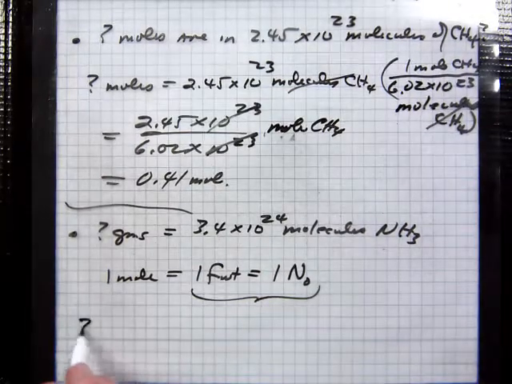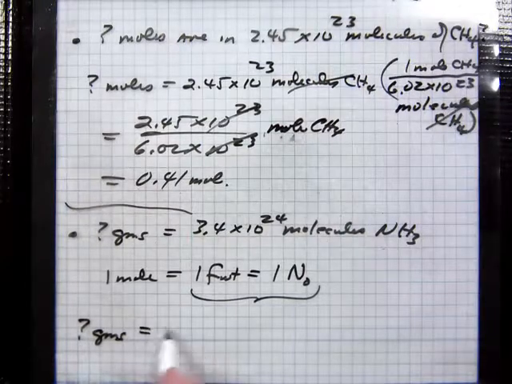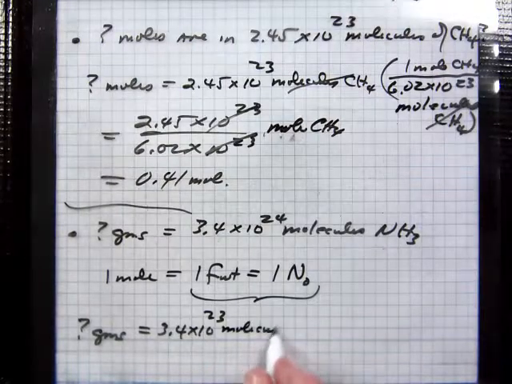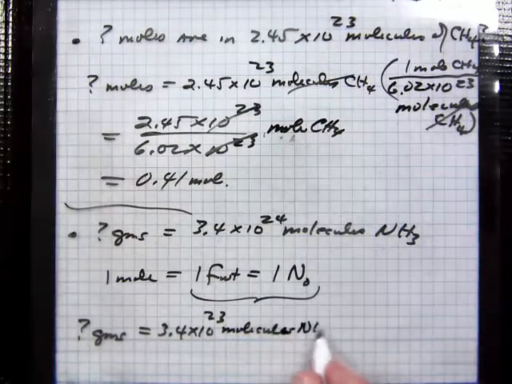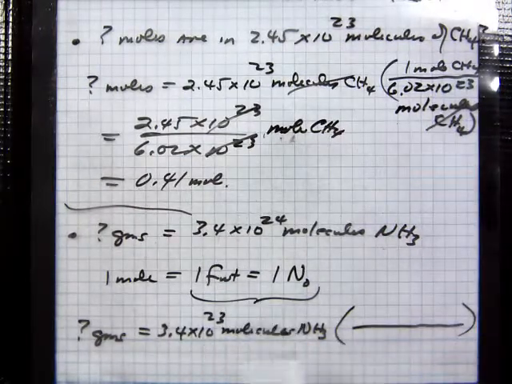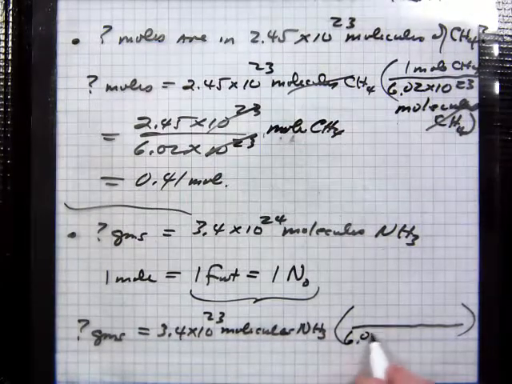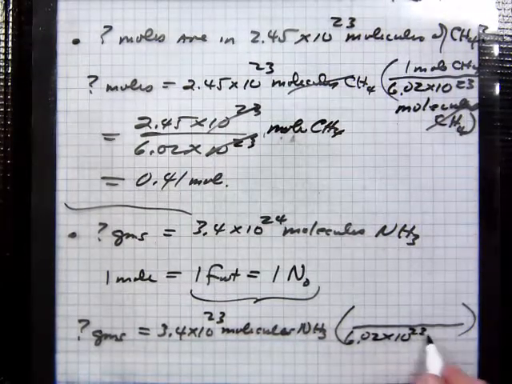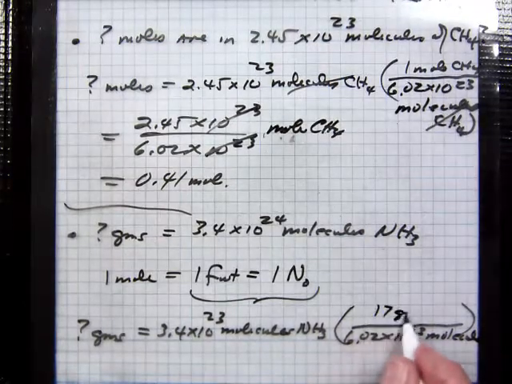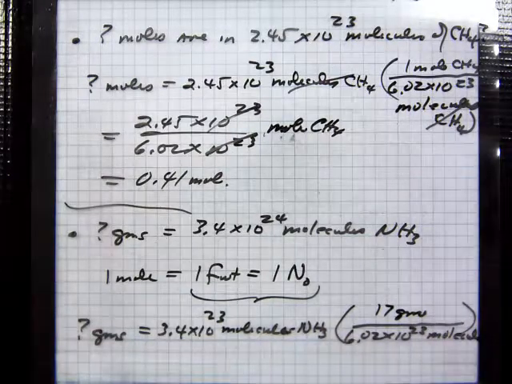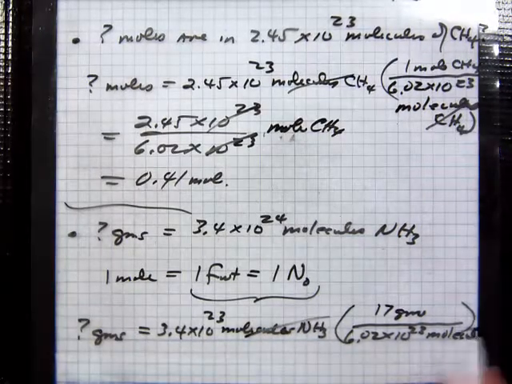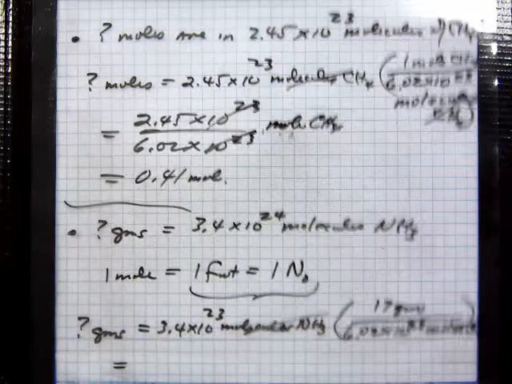So how many grams equals 3.4 times 10 to the 23rd molecules of ammonia? And we can use formula weight. We see molecules, that's 6.02 times 10 to the 23rd goes with the molecules. And the formula weight is 17 grams per mole. So we know that the formula weight equals the Avogadro's number. So now molecules will drop out, and we're left with the calculation now.